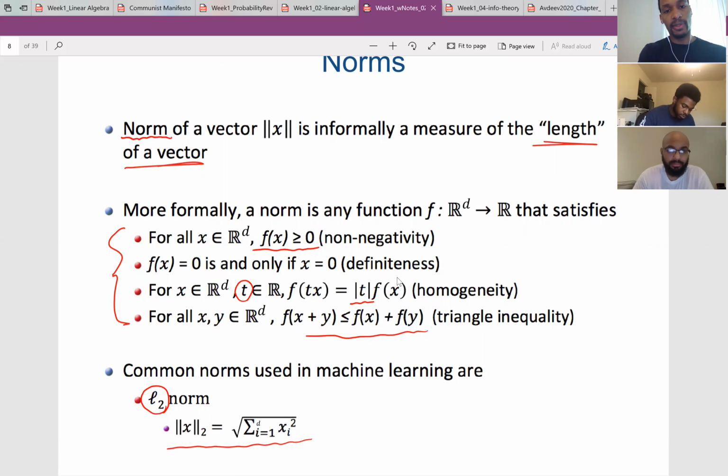Let me give an example first before moving on. The 2 norm of a vector is the square root of X transpose times X, which is the sum of each of the components of X squared, then the square root.